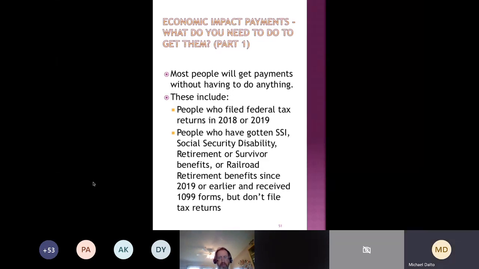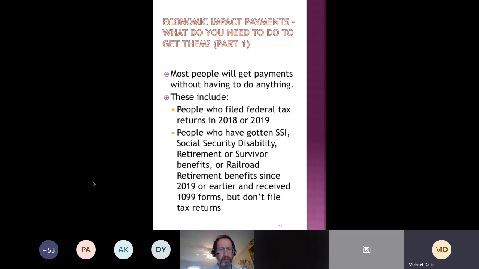So what do you need to do to get these payments? And this is the third most commonly asked question about economic impact payments. The most commonly asked question is, how much will I get? The third most commonly asked question is, what do I need to do to get it?